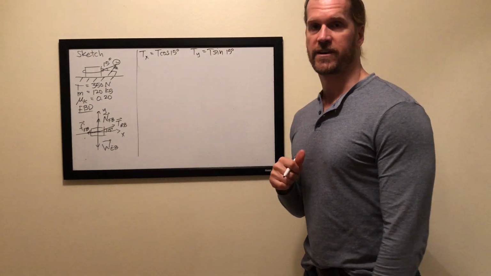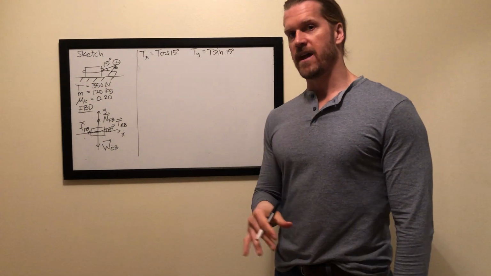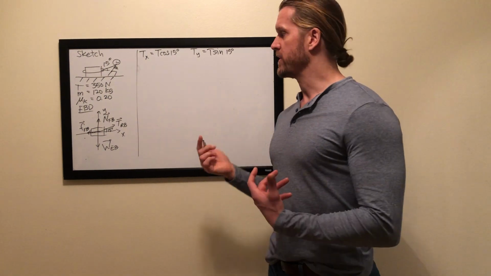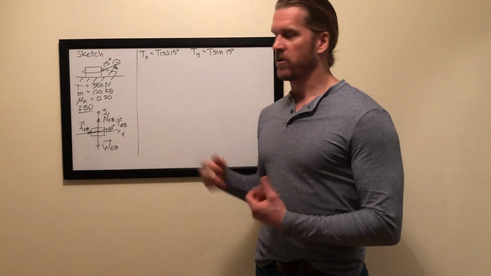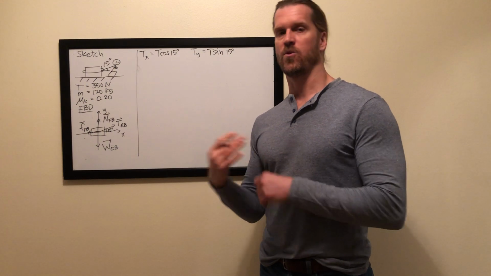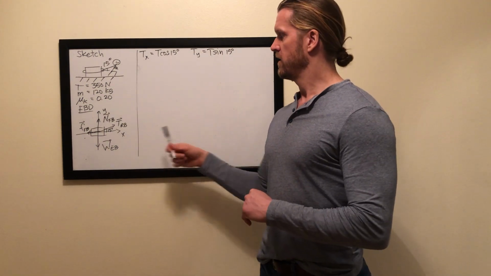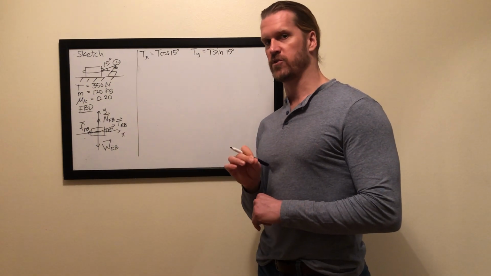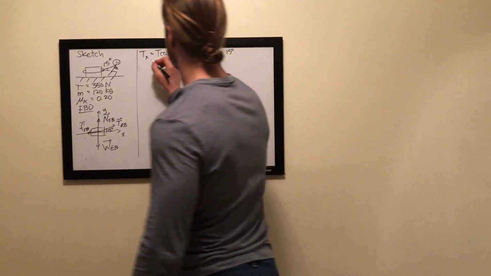Now we can do our Newton's second law procedure. And when we have these friction problems, remember we need to figure out the normal force in order to figure out the friction force. So that means that first we should analyze the y direction.